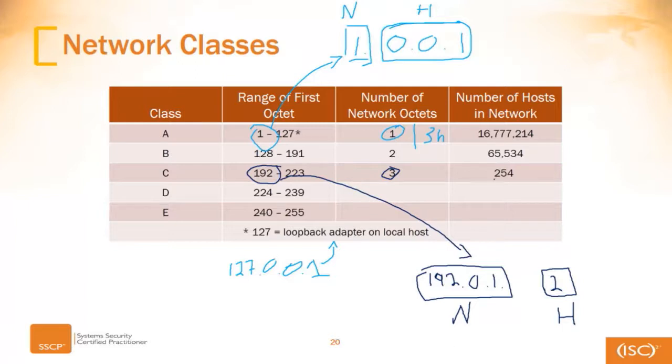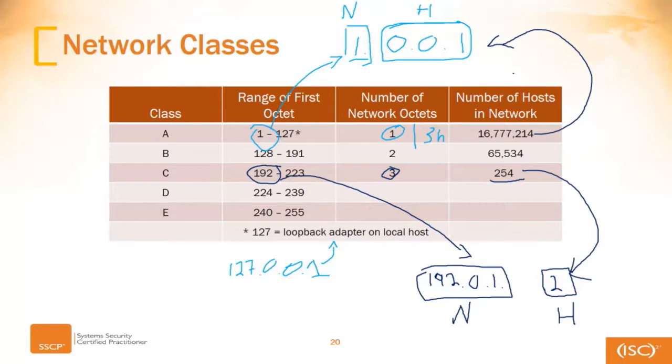We have only 254 hosts in a Class C network because the host range on the last octet is from 1 to 254. We have approximately 16.8 million hosts in a Class A network because the host range is 001, 002, 003, all the way from 001 up to 255.255.254.